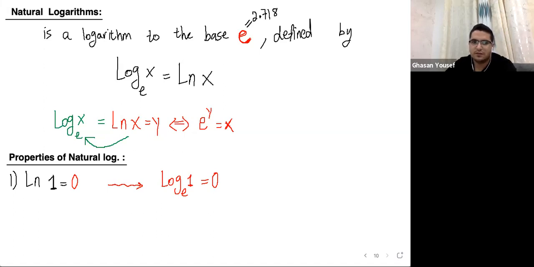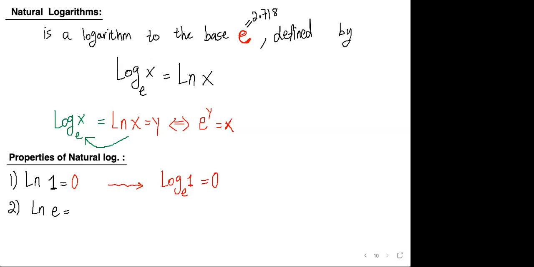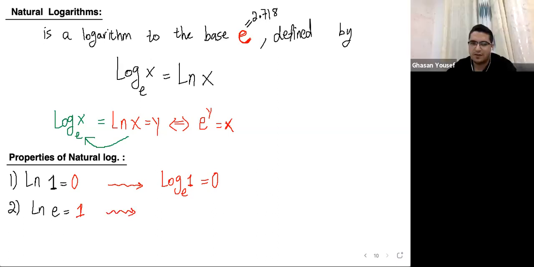For the second one, what's the value of ln of e? That would be 1. Exactly. The same as before, ln of e is the same as log e to the base e, and because a and a are equal, like the property of logarithm, this is equal to 1.